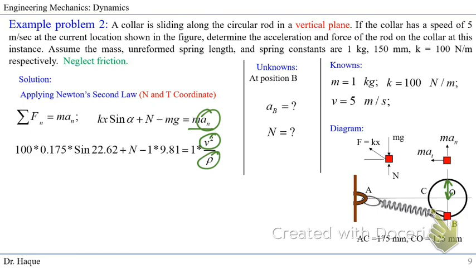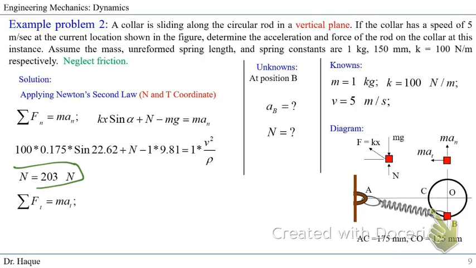If we plug in v, given as 5 meters per second, and rho as 0.125 meter, we can solve for N, which is 203 Newton. So this is the normal force from the rod to the collar. This is one of the answers that we're looking for.